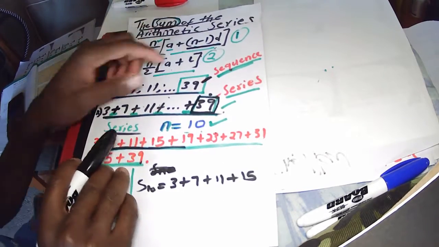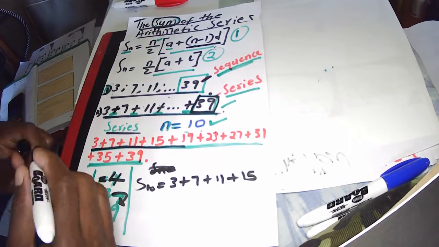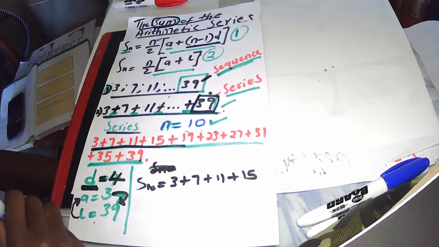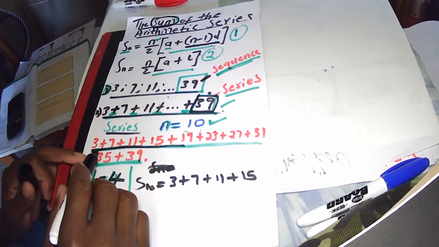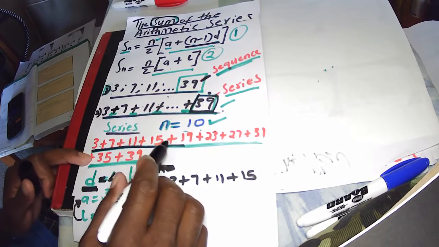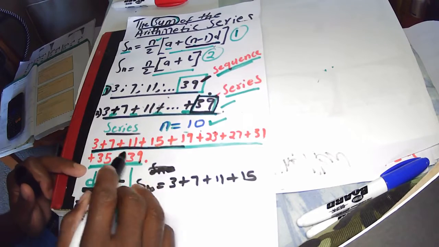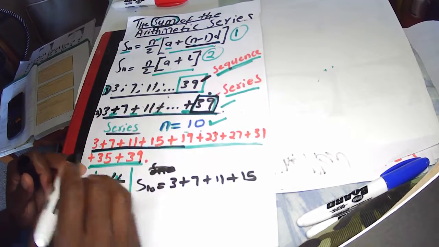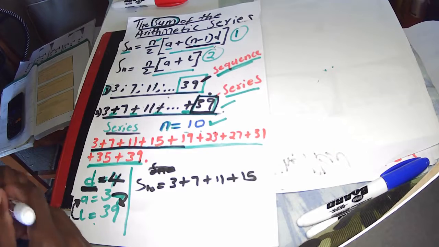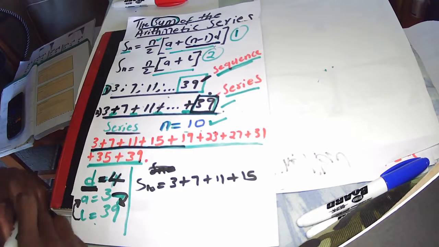By sum we mean addition, adding the terms. If you look at these terms, 3 plus 7 plus 11 and so forth, we can get the sum of these terms by adding them.